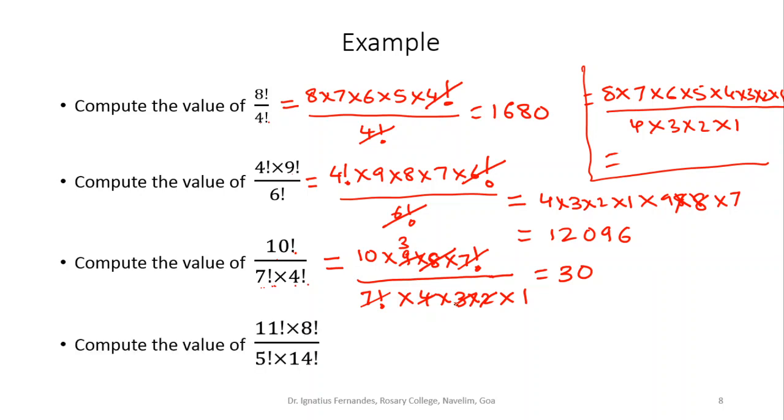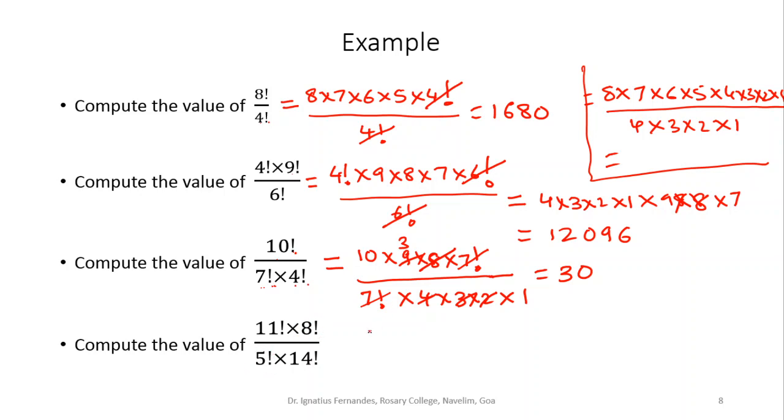Let me consider this example: 11 factorial into 8 factorial upon 5 factorial into 14 factorial. Now which one are you going to simplify? I have 11 factorial and 14 factorial, 8 factorial and 5 factorial. So probably we can simplify 14 factorial till 11 factorial so that we can get rid of 11 factorial, and 8 factorial you can simplify till 5 factorial.